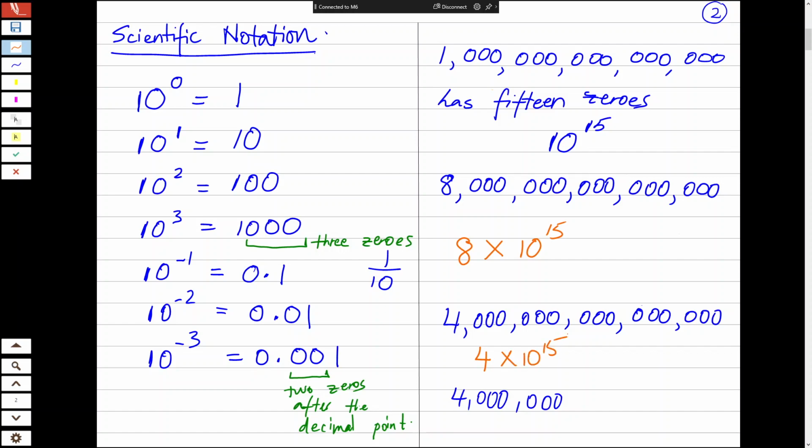So it's the same as the first number, but this time we've multiplied the whole thing by 4 rather than 8. Is that okay? All right, what about the bottom number? Now it's 4 million, so there are 6 zeros after the 4. Lockie? 4 times 10 to the power of 6. Yes.